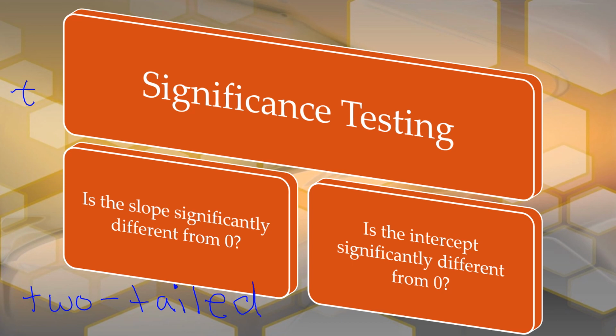So whether you're using Excel or SAS or SPSS or R, whatever software you're using to do the regression, generally the default is a two-tailed test. So people just generally do what the software does. So just note that. And we generally want to see if the slope is significantly different from 0 and if the intercept is significantly different from 0, and these are also defaults.